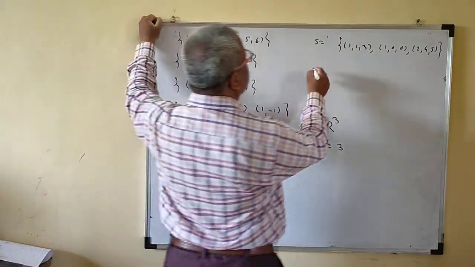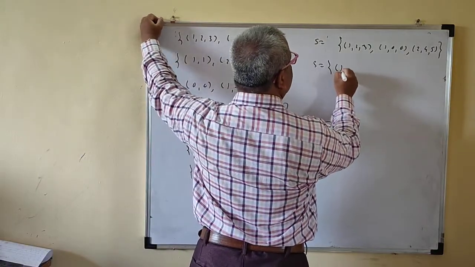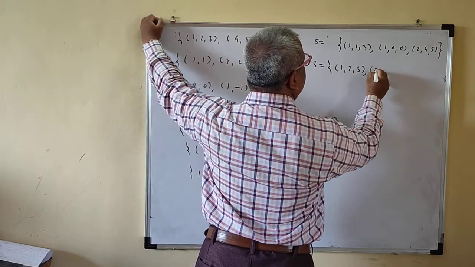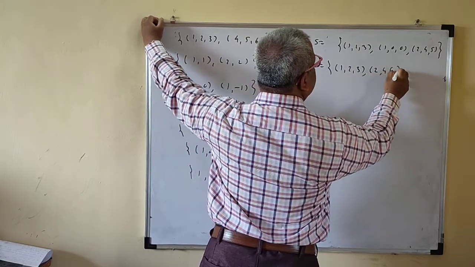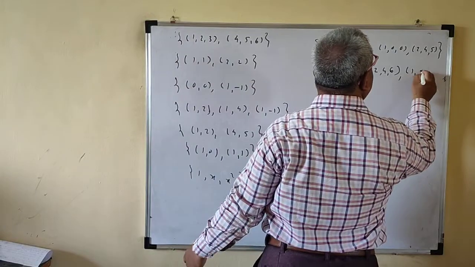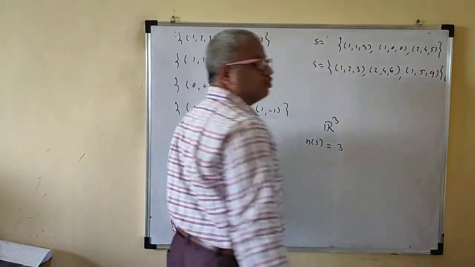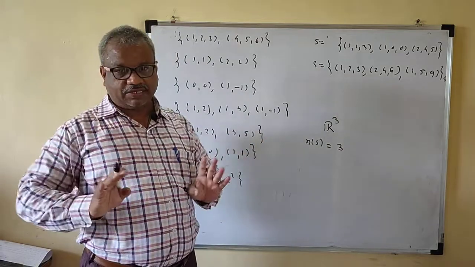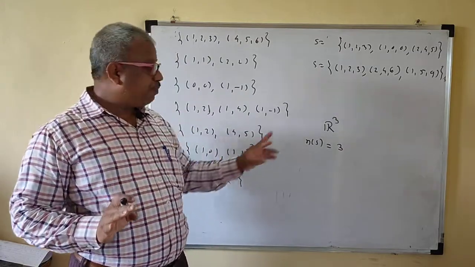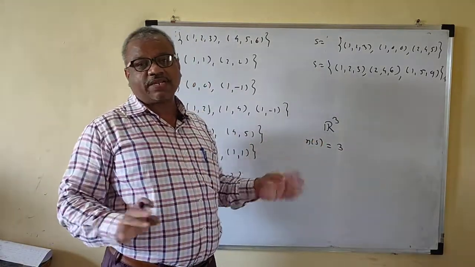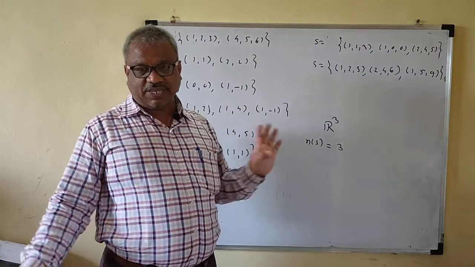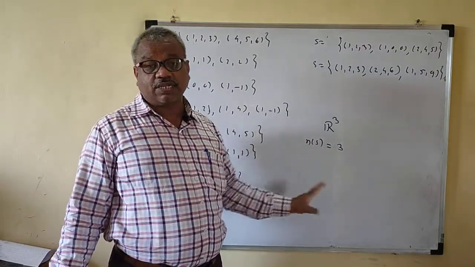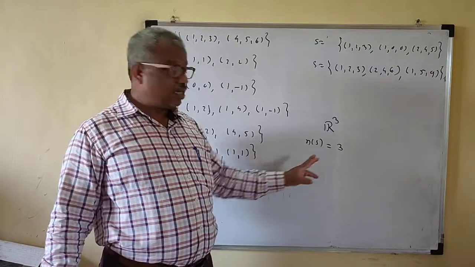Suppose I take S equal to (1, 2, 3), (2, 4, 6), (1, 5, 9). This set contains 3 vectors, but it is not a basis. So if the set does not contain 3 vectors, 101% it is not a basis.